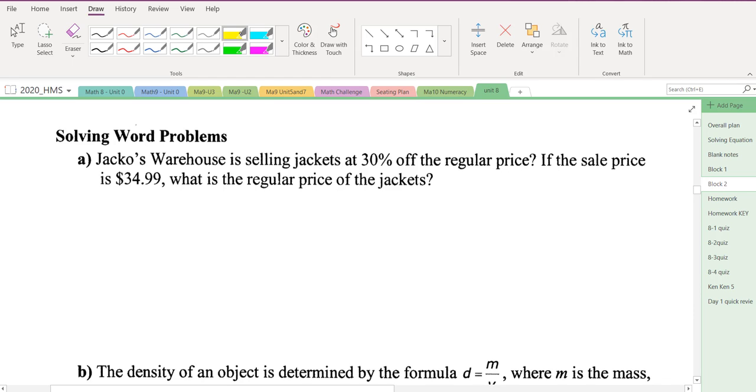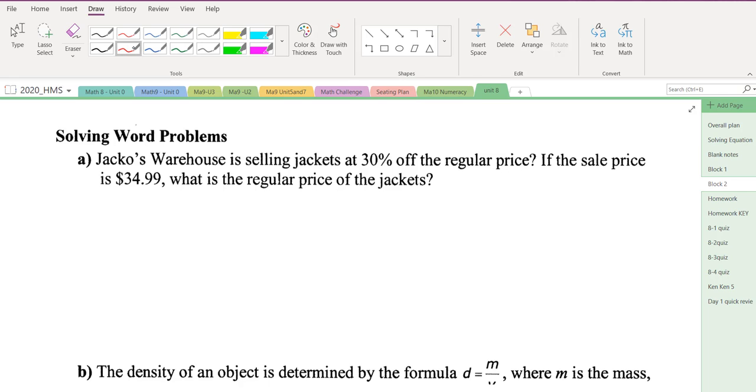It says, Jackal's Warehouse is selling jackets at 30% off the regular price. If the sale price is $34.99, what is the regular price? All right? So let's just translate some of this.